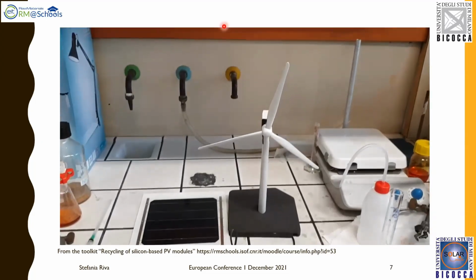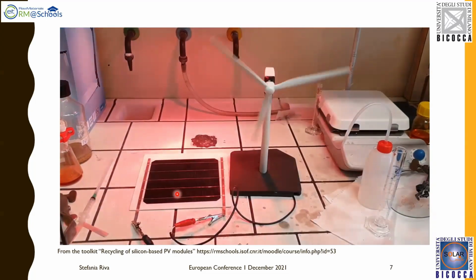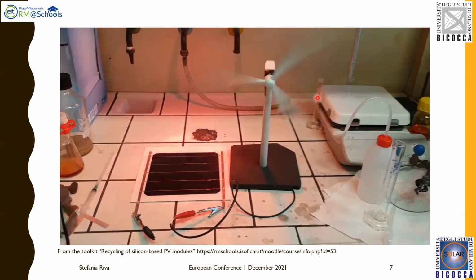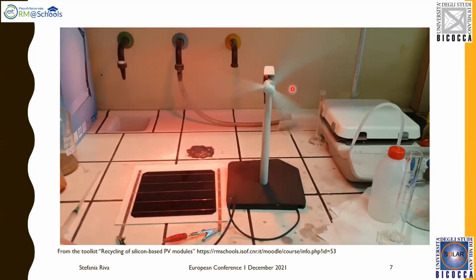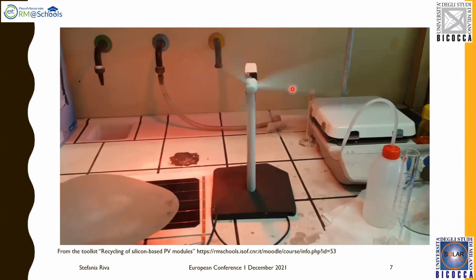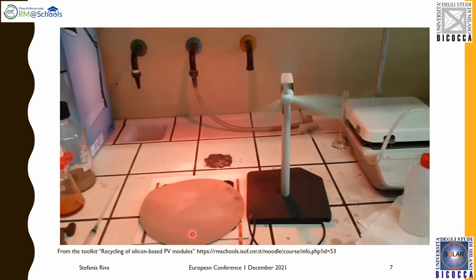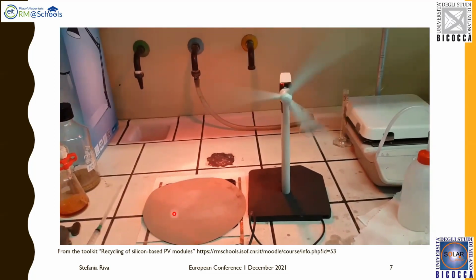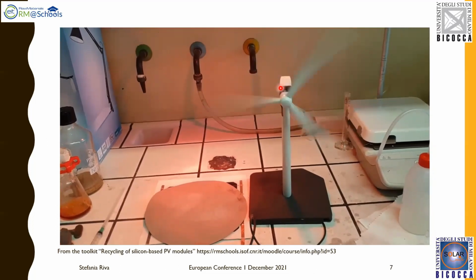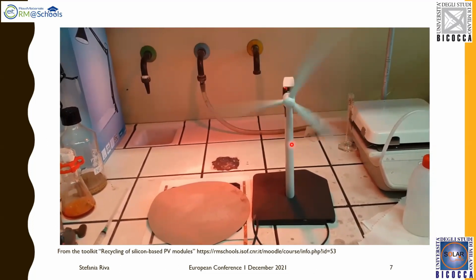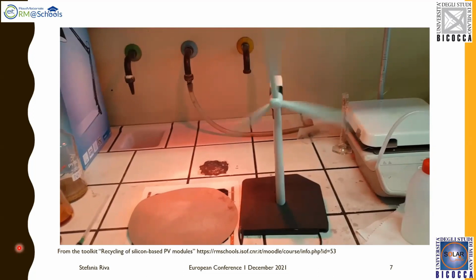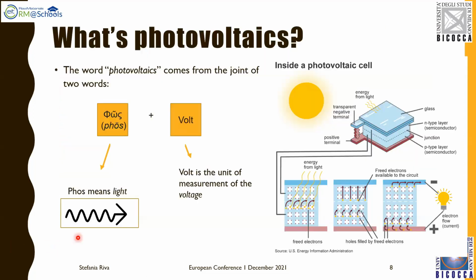And when the lamp shines, the silicon cell makes the wind turbine start working. And when the silicon cell is covered, the wind turbine slows down and stops working. Okay, so that process is the photovoltaic.